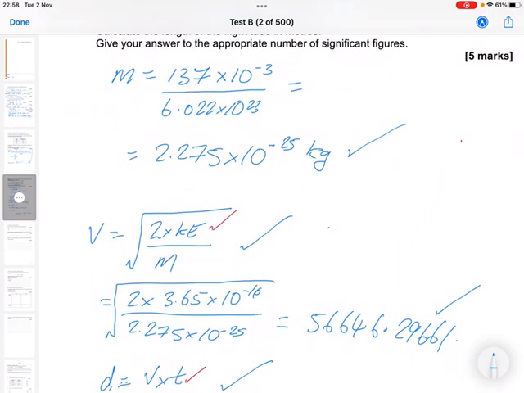And again, it's one of those scenarios where if you just plug all these values in your calculator and hope for the best, you could get all 5, but you could get none. If you show your working out and lay it out stage by stage, as I've shown here, even if you get the answer wrong, you could pick up 2, 3, 4 of the marks.